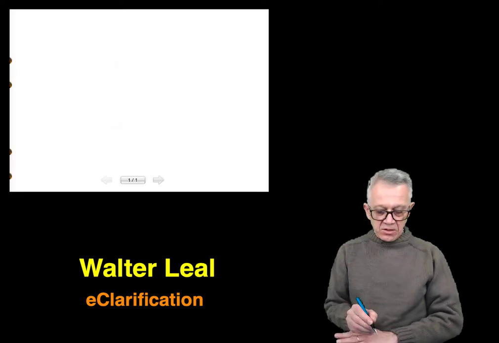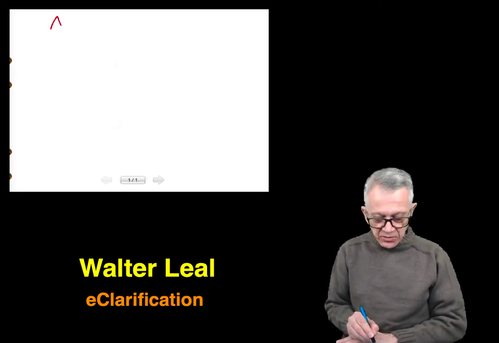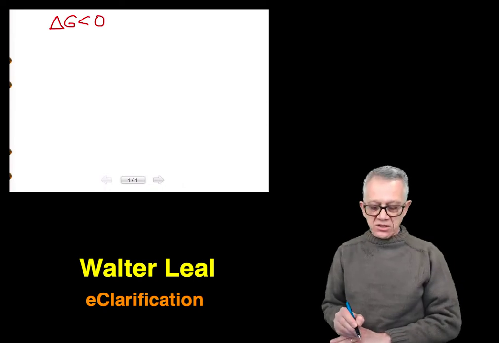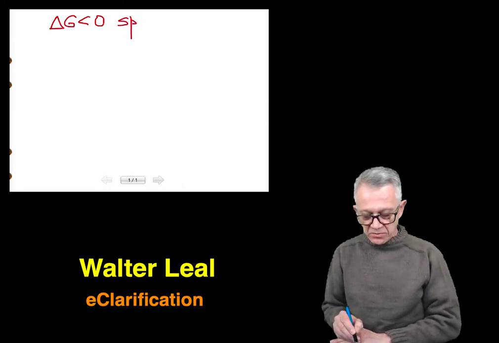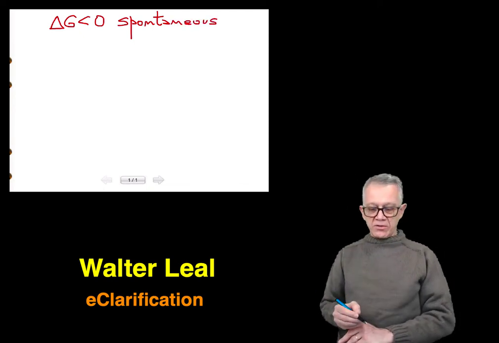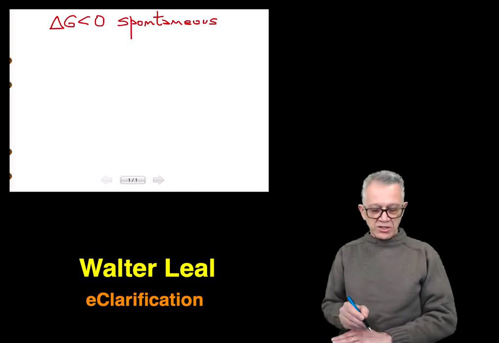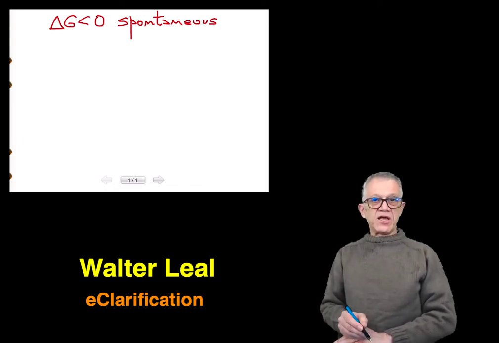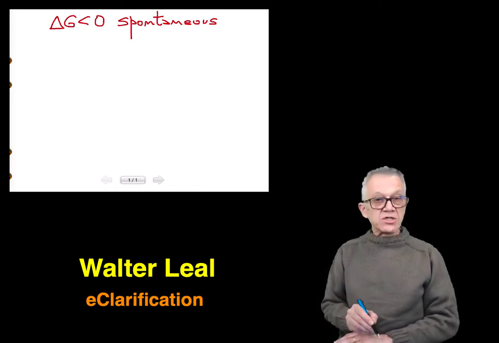Let's review now the criteria for spontaneous activity. We already discussed that when delta G is smaller than 0, it means that it's a spontaneous process. Could be a chemical, biochemical reaction or another process, but it's a spontaneous process because the Gibbs free energy is lower than 0.